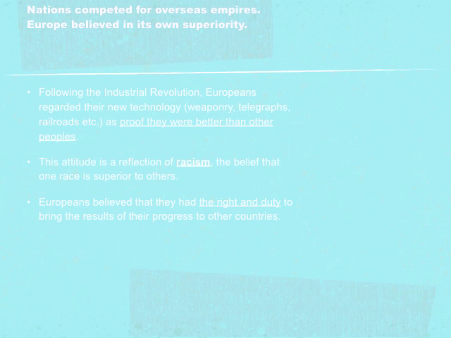Europeans have been through the Industrial Revolution, they've been through the Enlightenment, they've created different forms of government, in particular democracy, and they've created a whole new system of living and working, new technology, better weapons, better transportation, and they see this as proof that they're better than people in other areas of the world. They must be more advanced and smarter and better off than people in other places around the world.